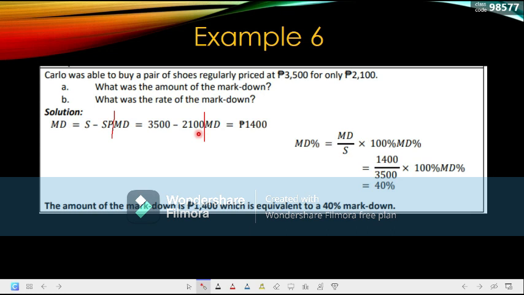So the amount of markdown is 1,400. To get the percent, we have 1,400 divided by the regular selling price. So 1,400 over 3,500 times 100 gives us 40%. So the amount of the markdown is 1,400, which is equivalent to a 40% markdown.